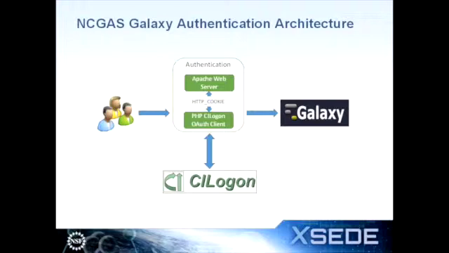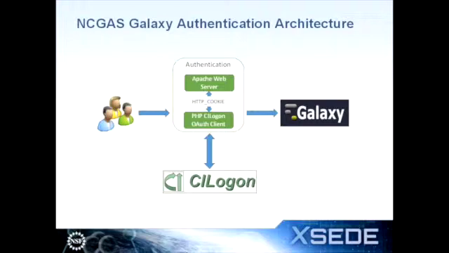Our final solution is to develop a CILogon OAuth client in PHP and come up with a set of configuration rules in both Galaxy and Apache web server to achieve the certificate delegation. So this diagram depicts our Galaxy authentication architecture. When a user comes in, it talks to our PHP CILogon OAuth client, which will interact with the CILogon service.